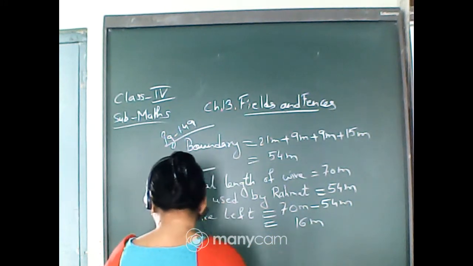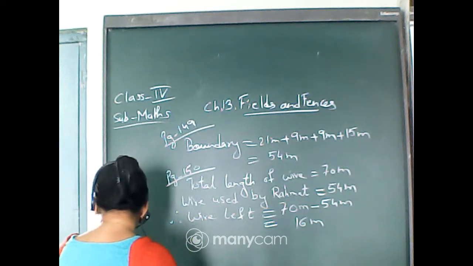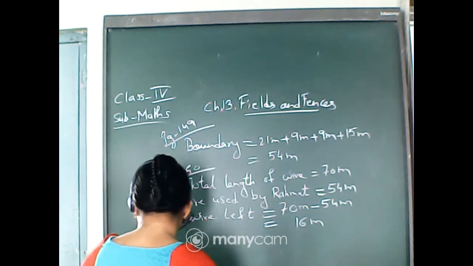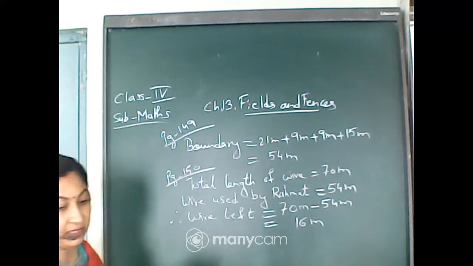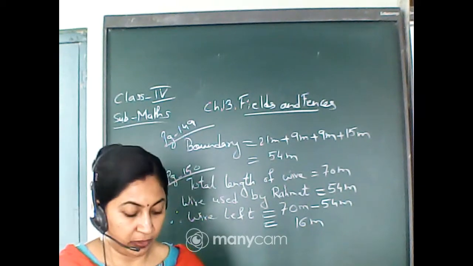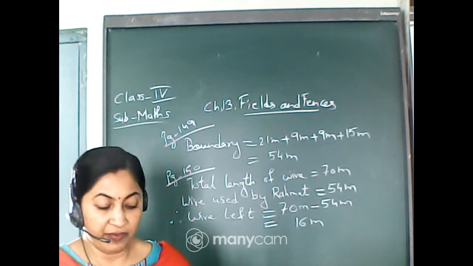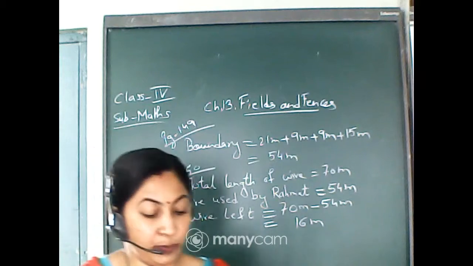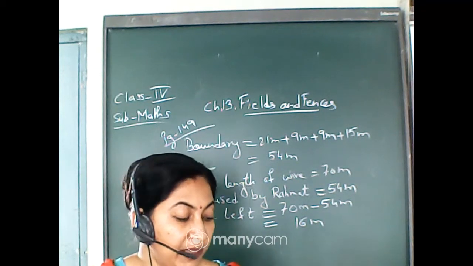Isn't it? That means Rahmat has given 16 meter of the wire to Ganpat. Okay, this way you have found how much wire is used by Ganpat and Rahmat.